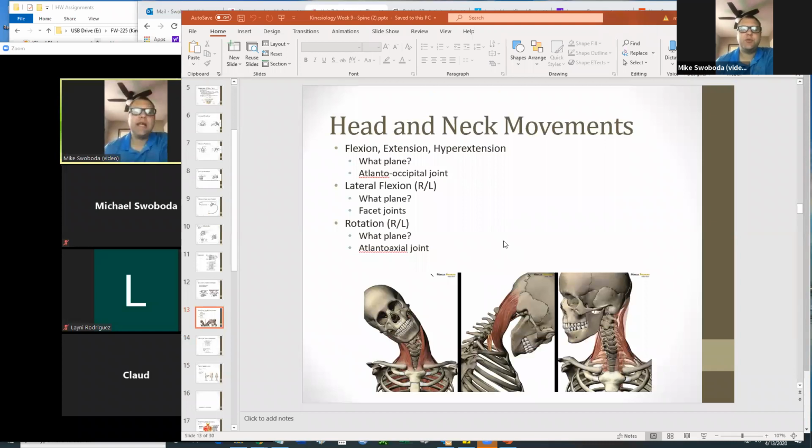Now, I want to get into the actual movements and the muscles that do them. You have 4 movements that occur in your spine: flexion, extension, lateral flexion, and rotation. You do not have any internal or external rotation. You do not have abduction or adduction.